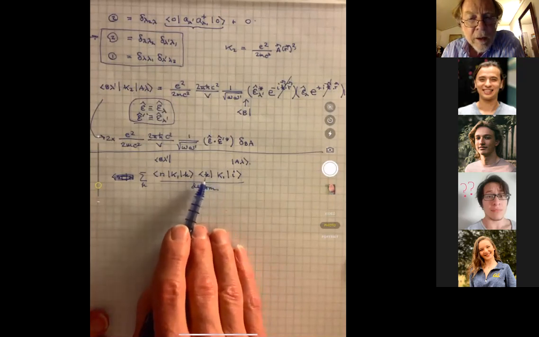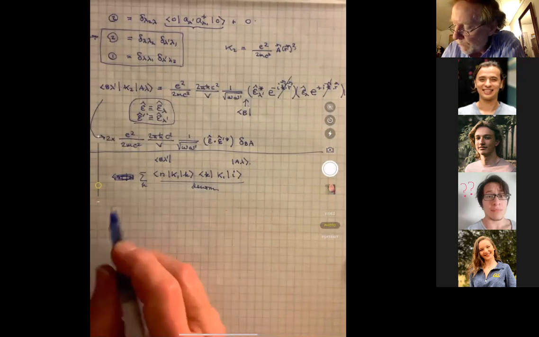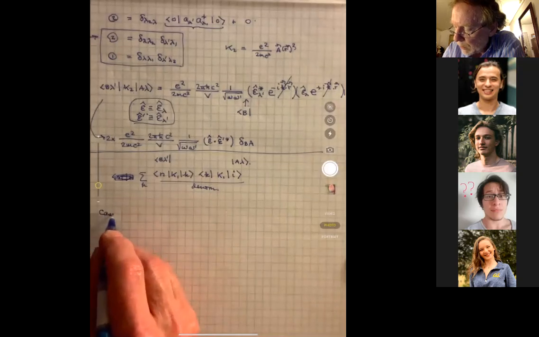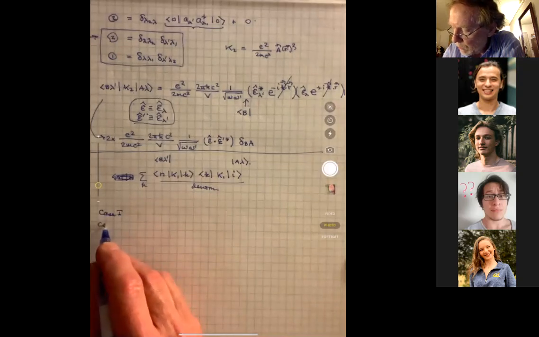And therefore the intermediate states, which are allowed by the nature of K1, really break down into only two cases. One case is where they contain no photons at all, and the other one is where it contains two photons. So let's call this case 1 and case 2.